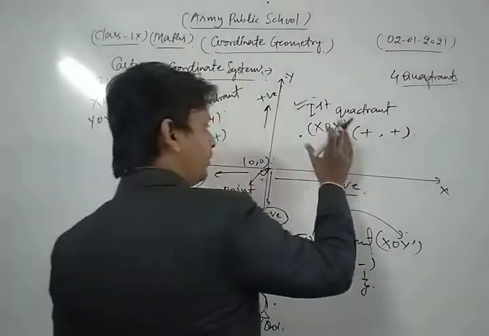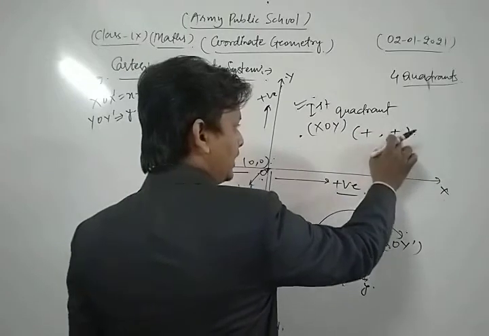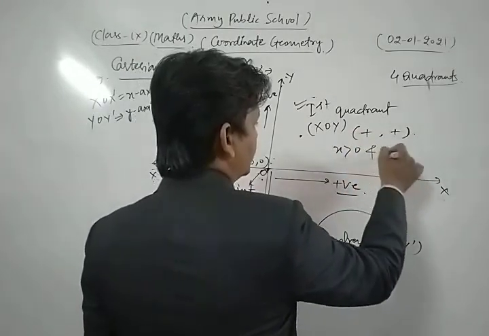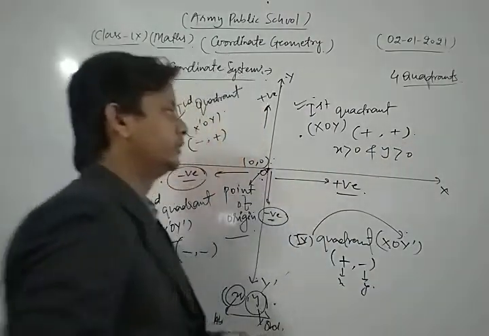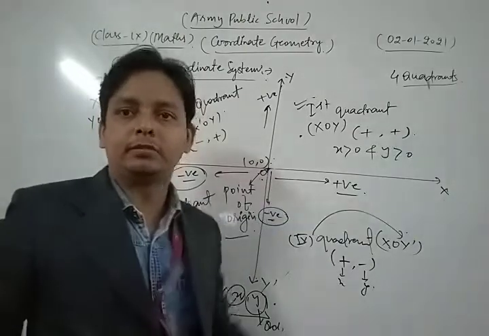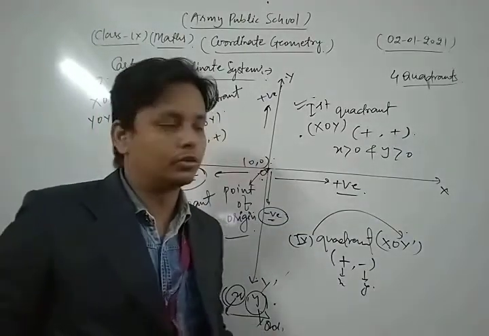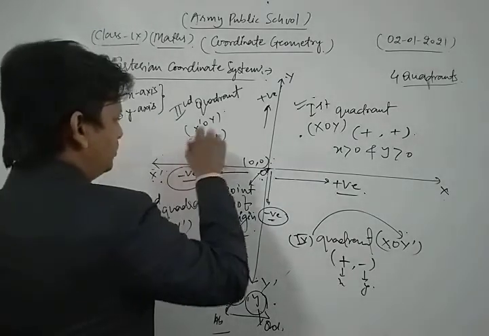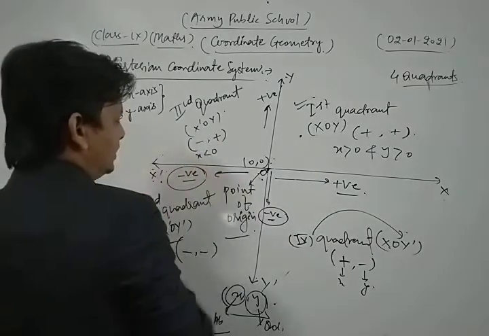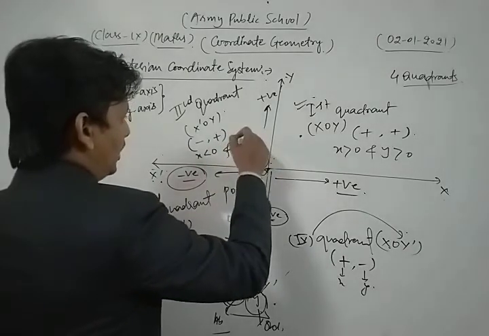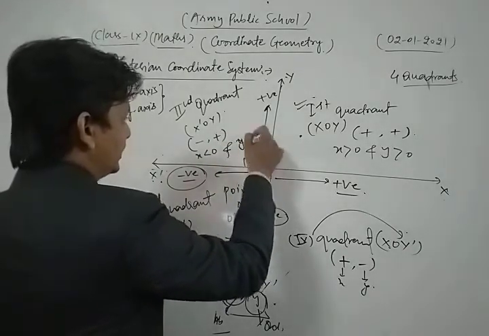Now one of the most important concepts is this. In the first quadrant both abscissa and ordinate are positive, so x is greater than 0 as well as y is greater than 0. Similarly, in the second quadrant, abscissa is negative, means x is less than 0, but ordinate is positive, means y is greater than 0.